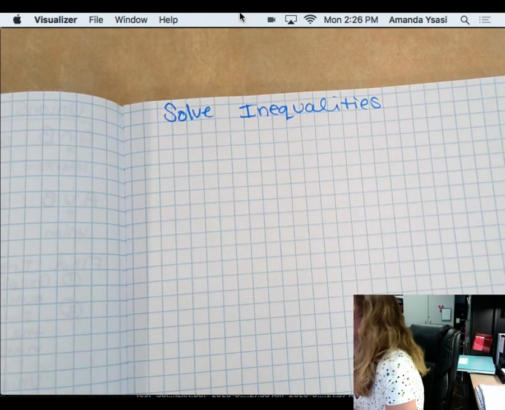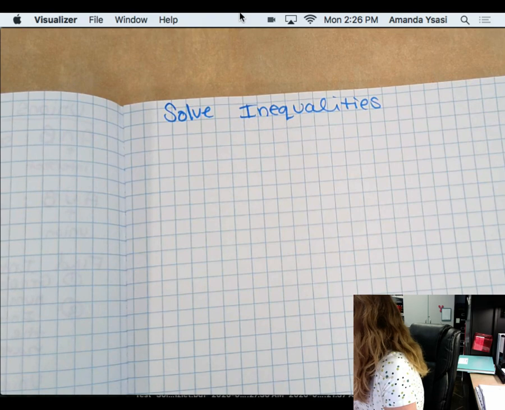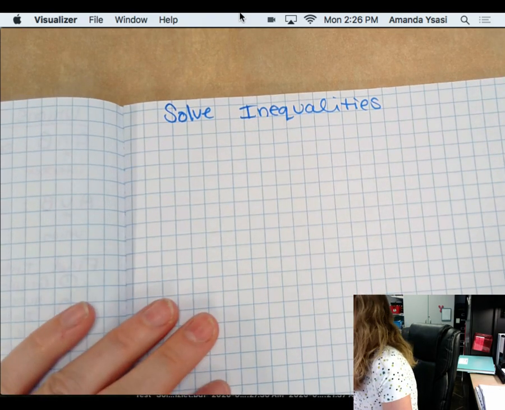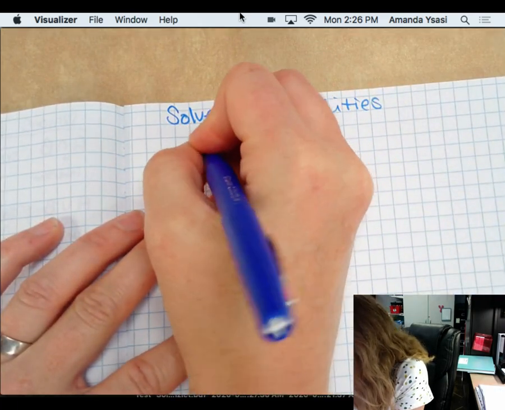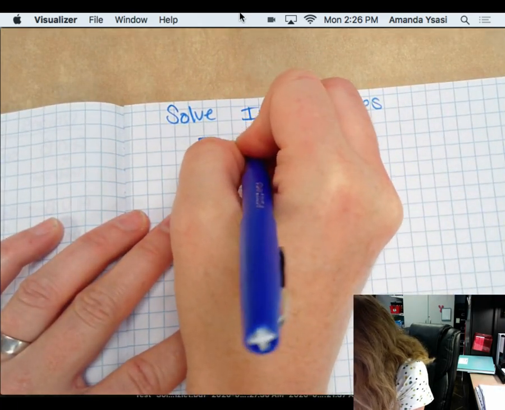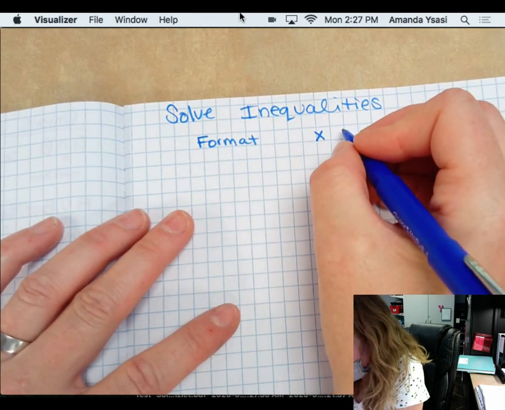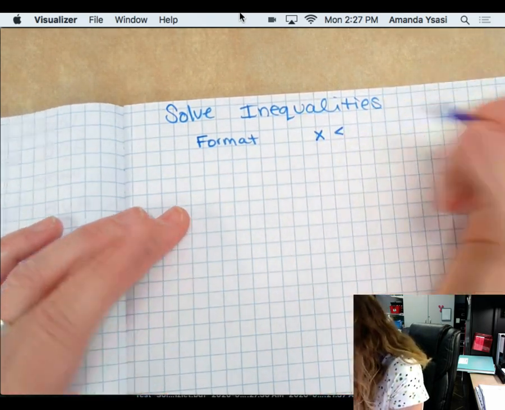Okay, we are going to solve the inequalities the same way we solve equations. But the only thing is you always want to have the format for the inequality should always be the variable and then the inequality sign like this and then some number.